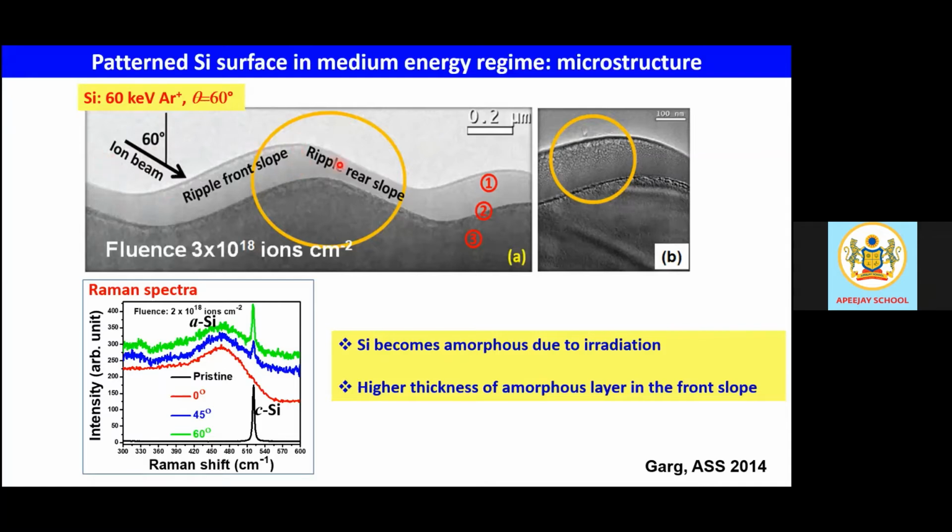Nonetheless, projected range is like that. And you can see another way to illustrate what has been predicted earlier: for curvature dependent sputtering, the valley regions get more eroded compared to the hilly regions. You see direct visual observation here in this micrograph. You see here the ripple. This thickness here is much less than this place near the hill.